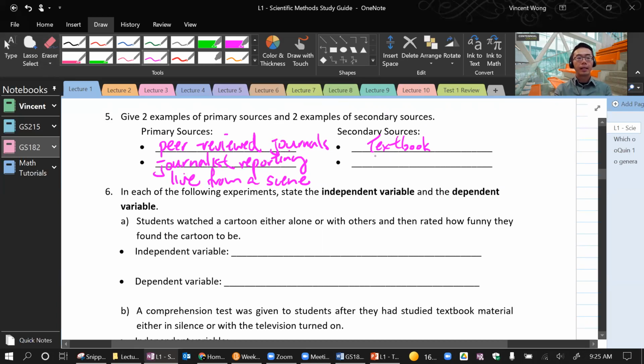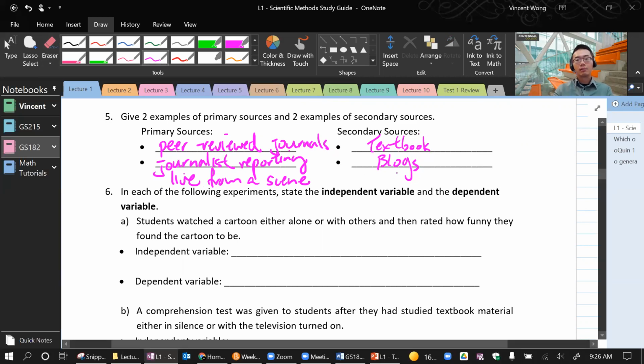Okay, and then there are also blogs. So not all secondary resources are as reliable as primary sources, right? Particularly things that are not checked. Textbooks are usually okay because publishers are gonna check it before it's being published. Okay, but blogs, everybody can write a blog.